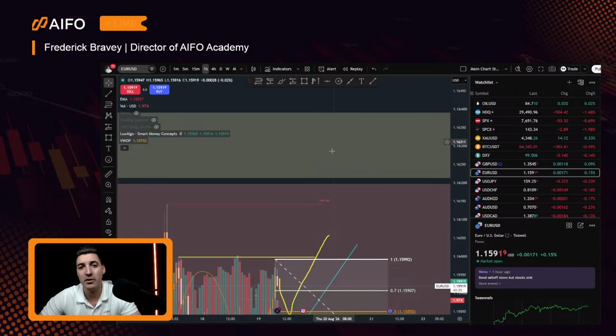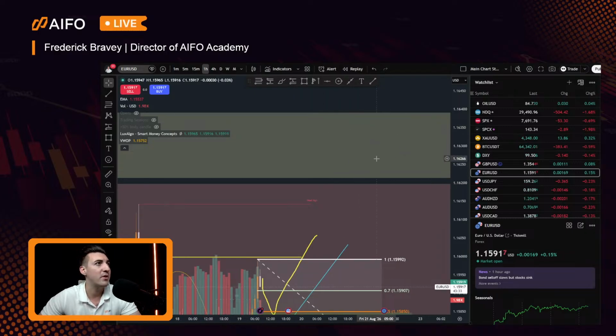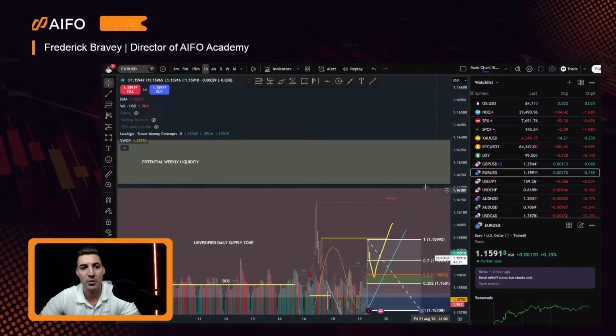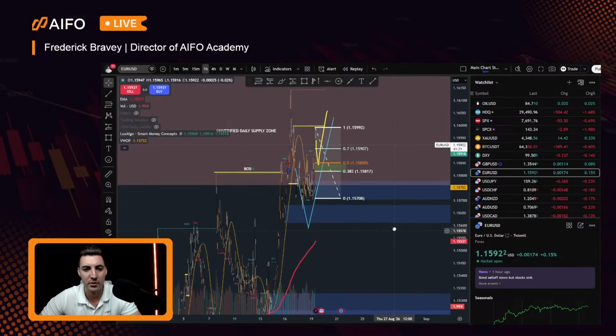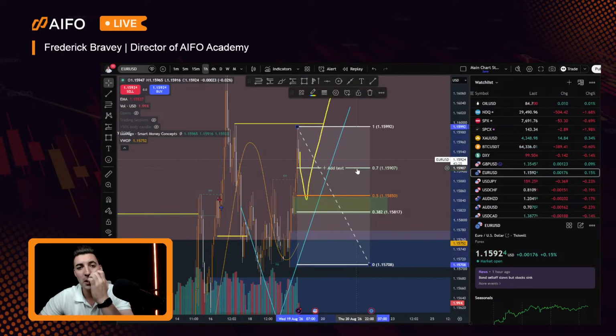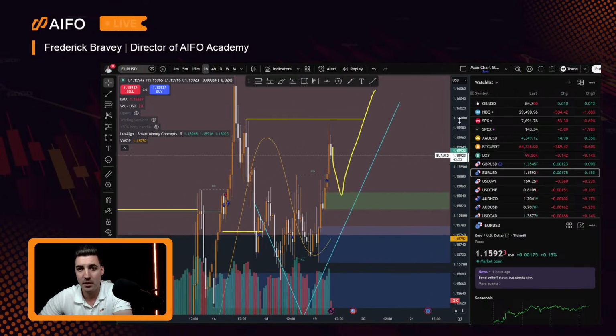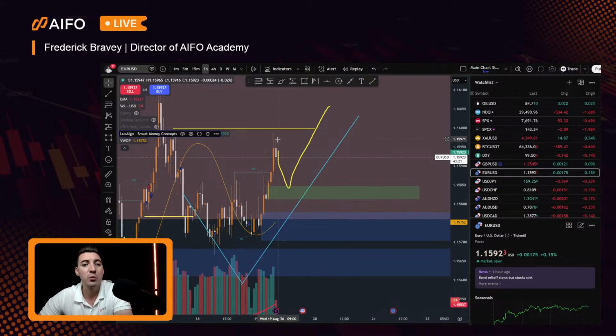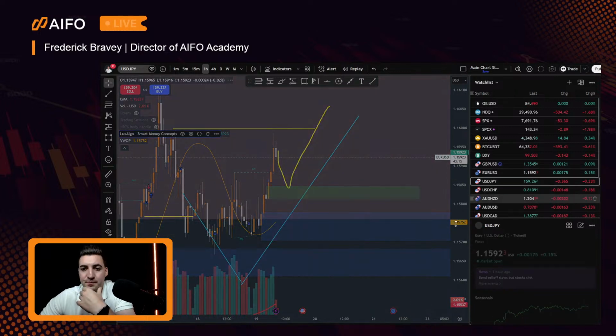Hopefully we'll see the price continue back up to one of these previous areas of liquidity, these potential weekly liquidity zones. Okay, so that's generally what I would be waiting for. In fact, that's what I am waiting for. And once we see that this price retraces back, I'll probably enter into a position myself on the euro dollar.